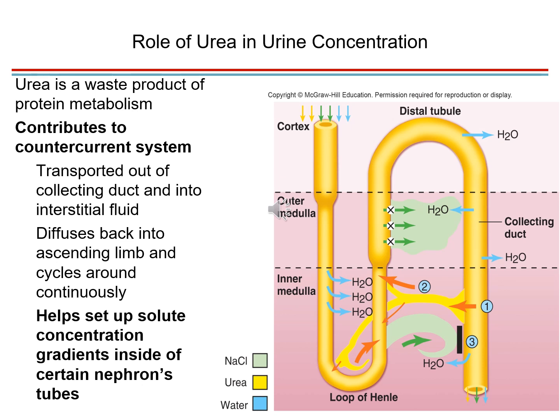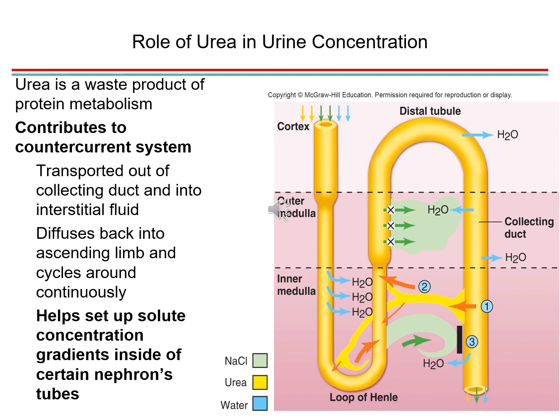In this scenario, I specifically mentioned the interaction of urea with the ascending limb, but it can also happen in other areas. Certainly, urea is 100% filtered from the glomerulus into the capsule.